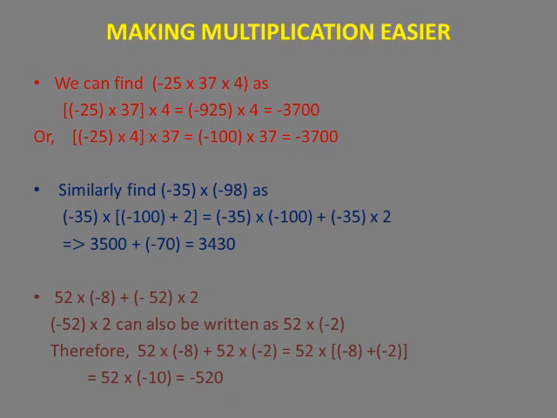And therefore, the rearrangement will be like 52 into minus 8 plus 52 into minus 2. And the common integer will be taken outside. And minus 8 will be added to minus 2. And hence we will get minus 520. So it is much easier. That is why we learn properties, so that the use of property makes multiplication easier for us.